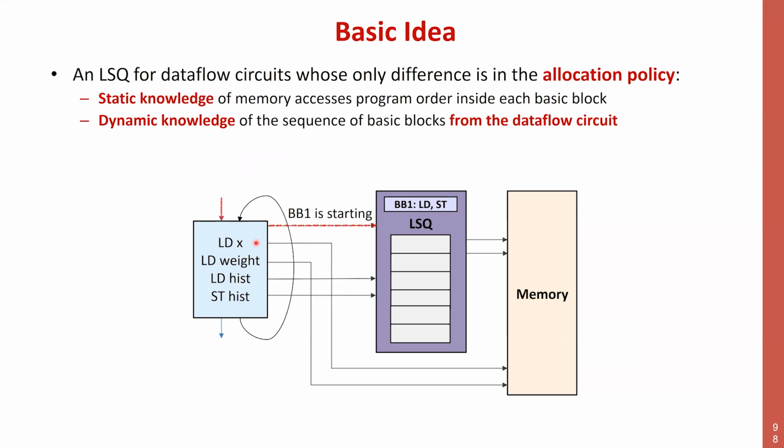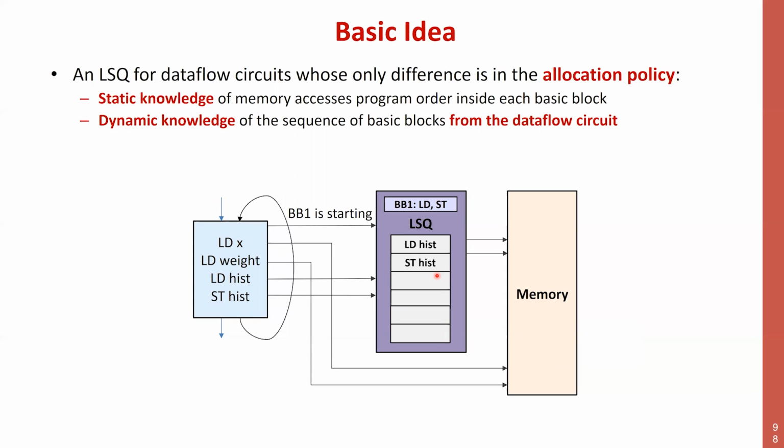And every time that I'm starting a basic block, I tell the load store queue which basic block I'm starting, and the load store queue inserts this list at the end of the queue. It says, oh, the next accesses that are going to be made are these loads and stores.